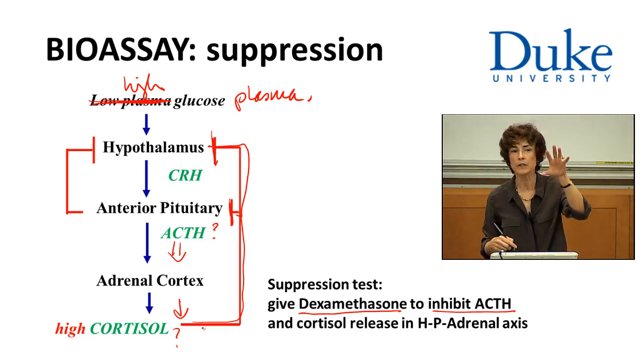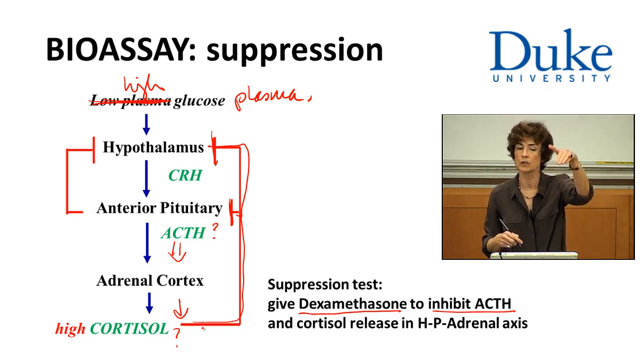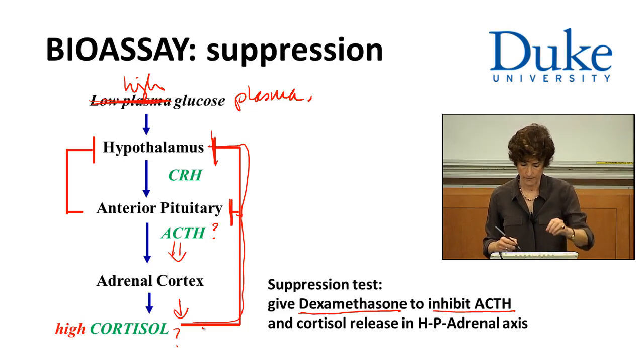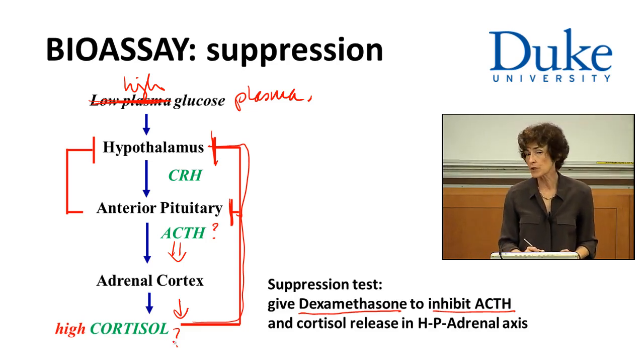So if we had a very high amount of ACTH, then we turn off the ACTH, the cortisol should fall. If the cortisol does not fall under these conditions, then the question is whether or not the ACTH has gone down. And you could then assay for the ACTH.